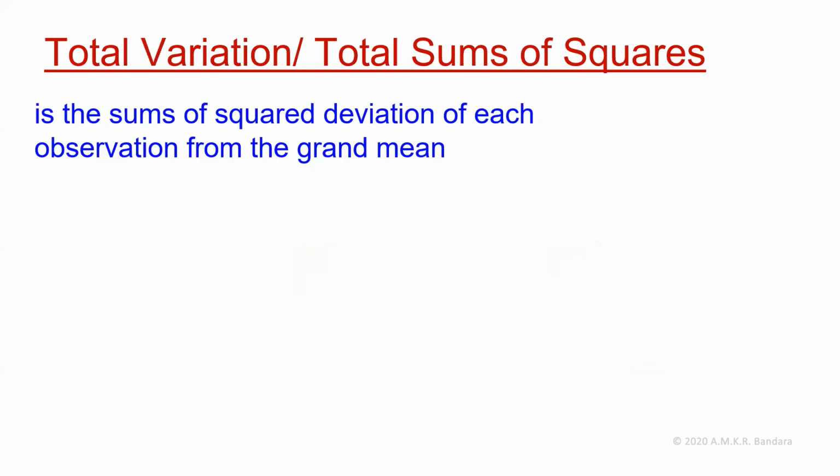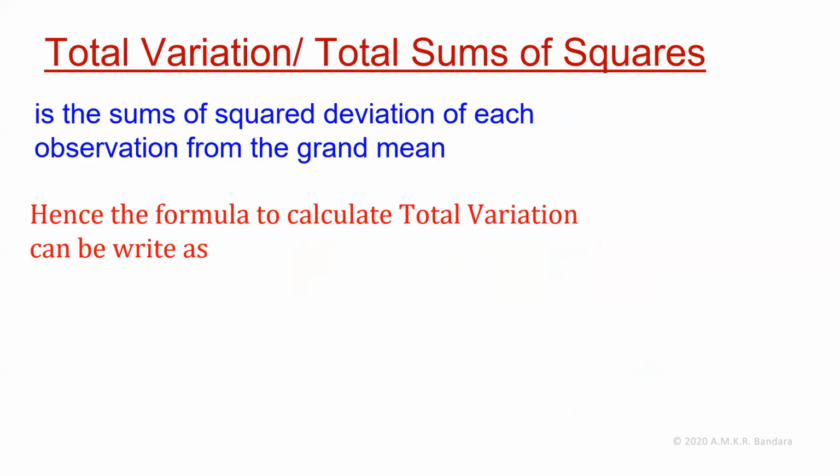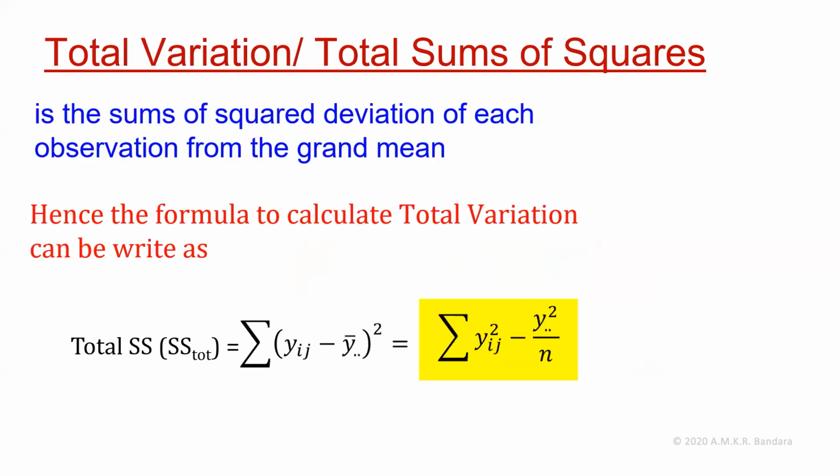Then total variation, or total sums of square, is the sum of the squared deviations of each observation from the grand mean. So the formula can be written as summation of (yij minus y dot dot bar) square.